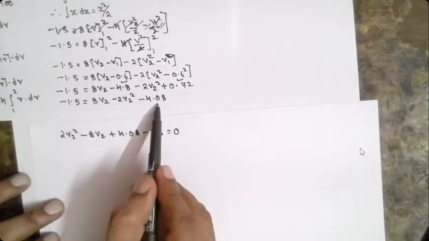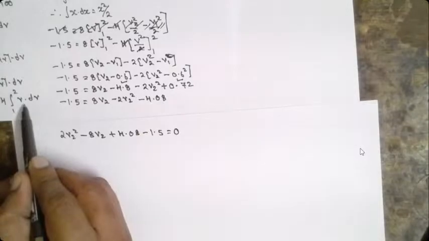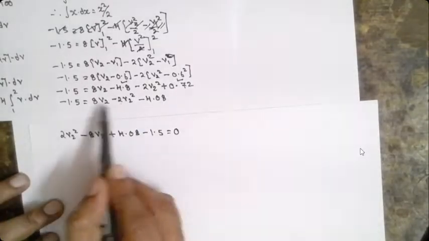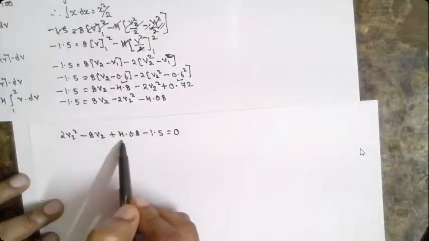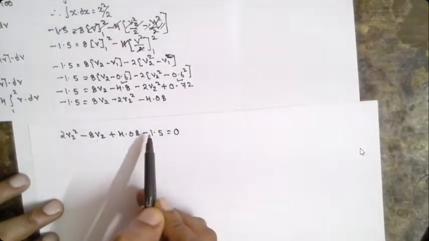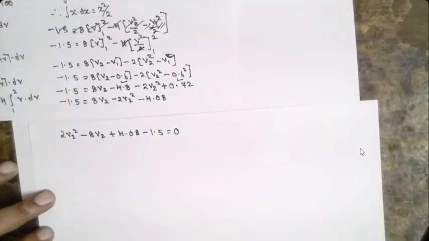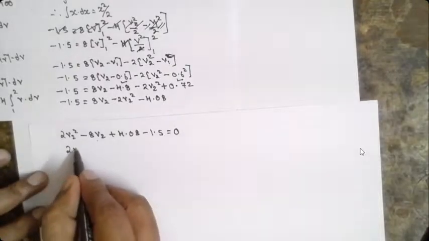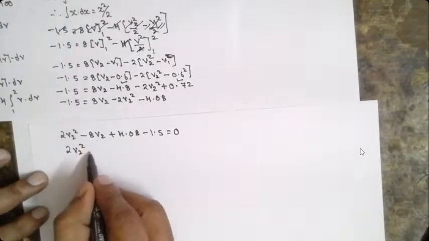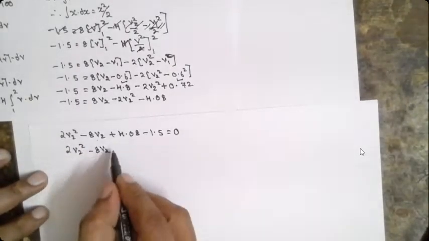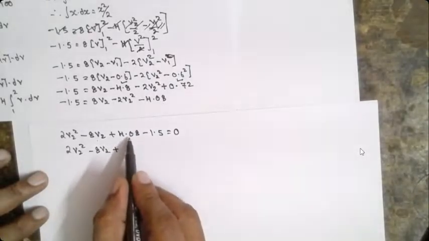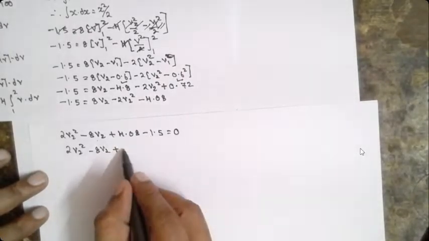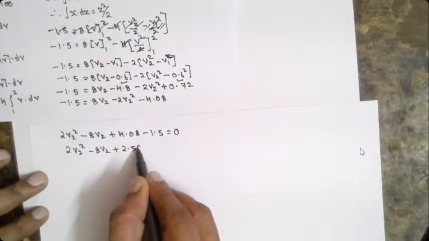Bringing terms to this direction, minus becomes plus, plus becomes minus, and minus becomes plus. Therefore 2 v2 square minus 8 v2 plus 4.08 minus 1.5, which is 2.58, is equal to 0.